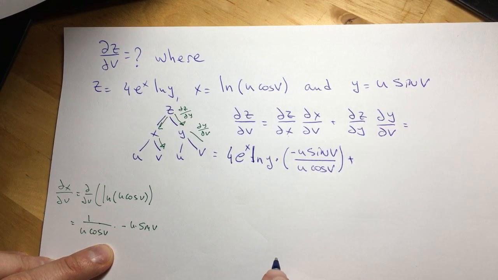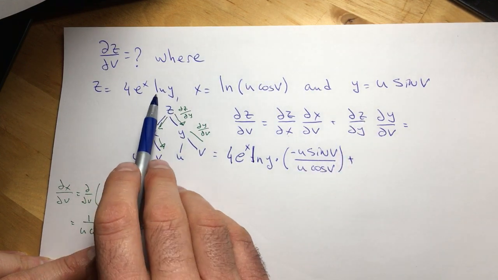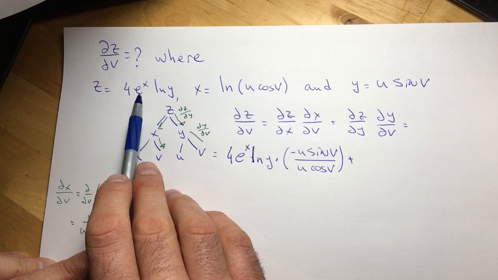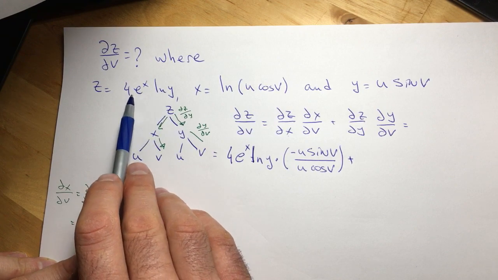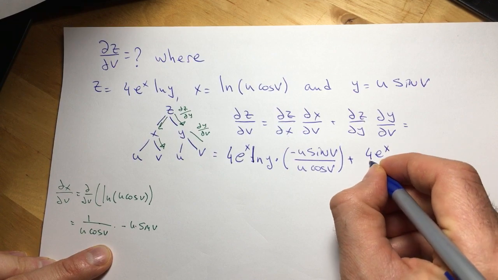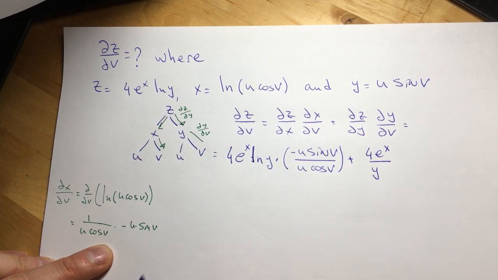plus, now partial z, partial y. I look at the z function, everything that doesn't depend on y is being treated as a constant, that means 4e to the power x, and the derivative of ln of y is just 1 over y.